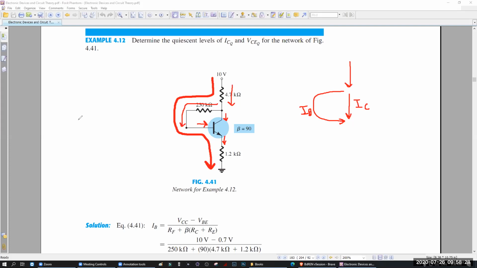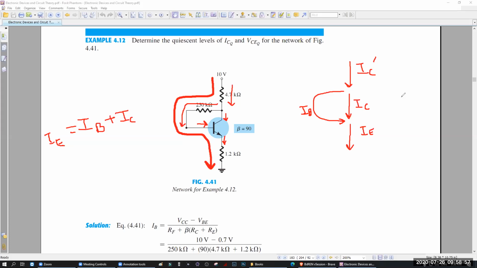IB plus IC, right? We can call it IE as well, because they are mixing together and become IE again.